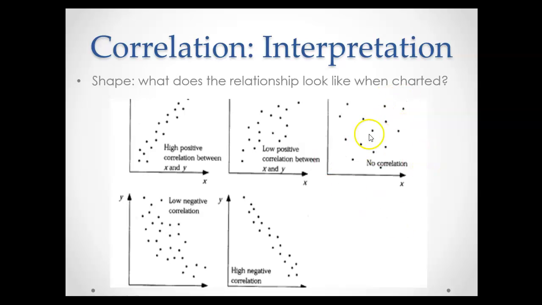In this example, things are all over the place, so there's no correlation. This would be, again, as x goes up, y goes down, so it's a negative correlation, and notice that the data is a little bit more dispersed, so the strength is going to be less than right here, where the data is more clustered, it's a nice straight line, and again, it's negative because as x goes up, y goes down.